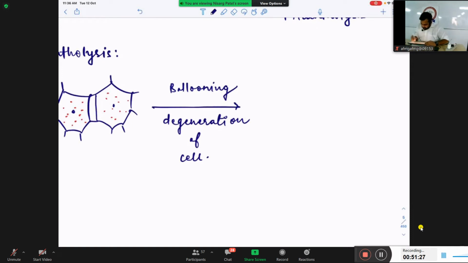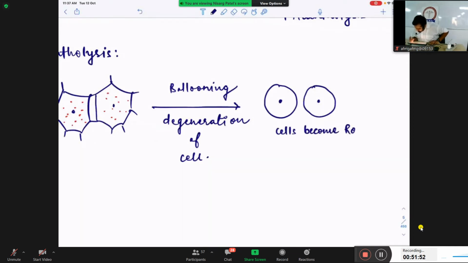And because of this, what will happen? The cell is becoming round because of the excessive fluid inside it. Okay? So cells are not able to hold the polygonal shape and they lose their connection with desmosome. And cells become round.